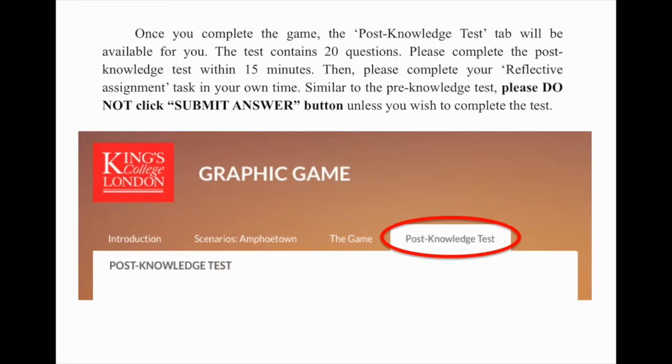Once you complete the game, the Post-Knowledge Test tab will be available for you. The test contains 20 questions. Please complete the post-knowledge test within 15 minutes. Then, please complete your reflective assignment task in your own time. Similar to the pre-knowledge test, please do not click Submit Answer button unless you wish to complete the test.